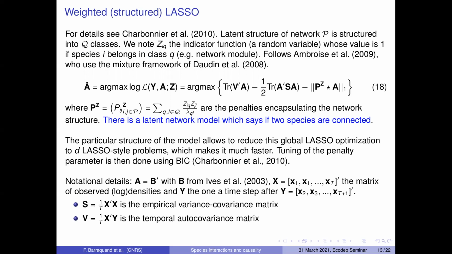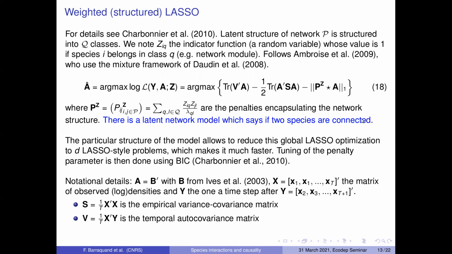In their case, they were looking at interaction between genes, so they look at which gene was in which class. And then you have a loss function with a penalty term in equation 18, where you can see that the penalties are encapsulating this network structure. So there is a latent network model which tells you if two species will be connected. I call them species, but in their case, it's much more general. It could be anything, really.